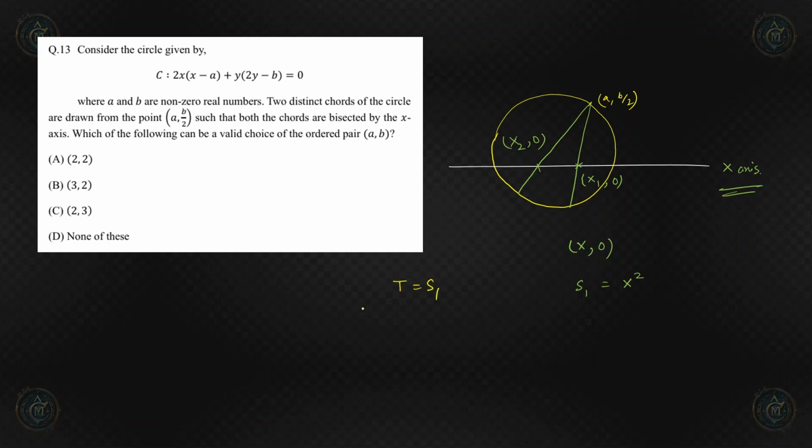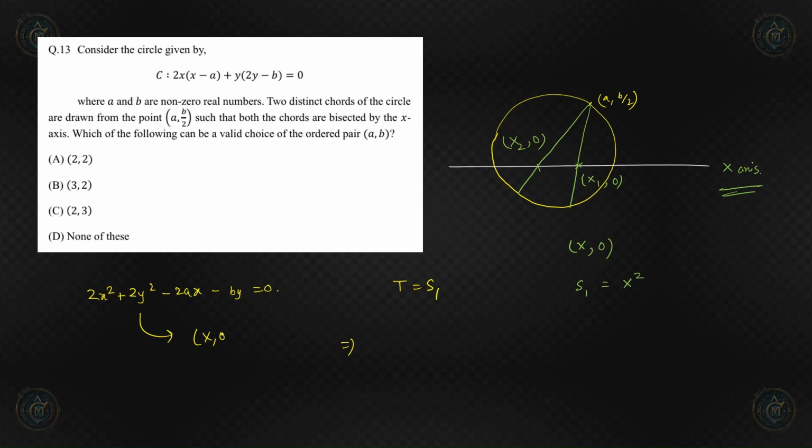So if we write the circle equation first, the circle equation is 2x squared plus 2y squared minus 2ax minus by equal to 0, right? So T will be what?